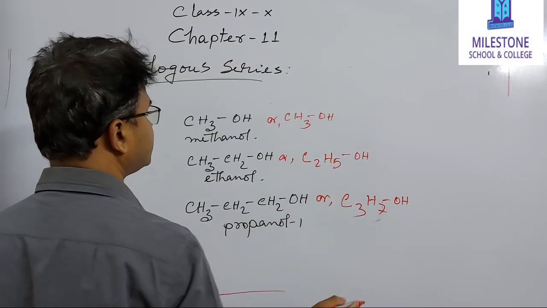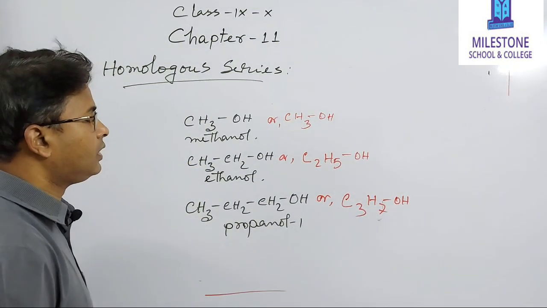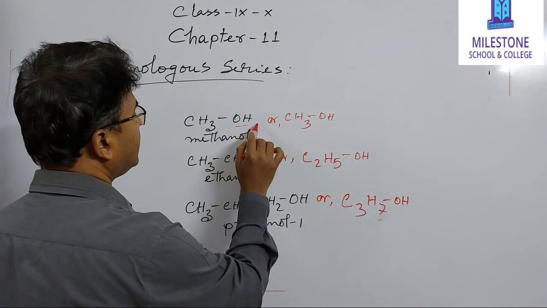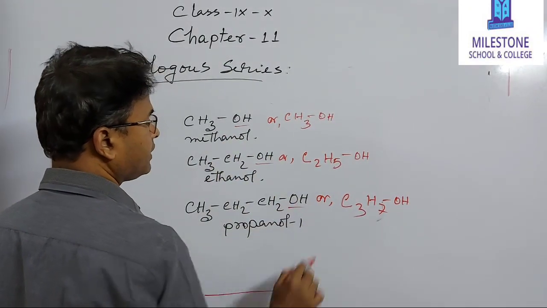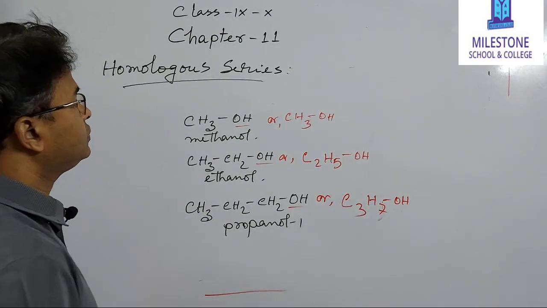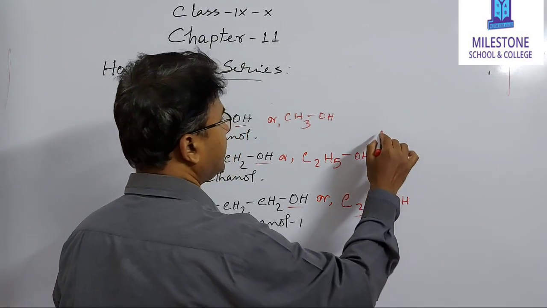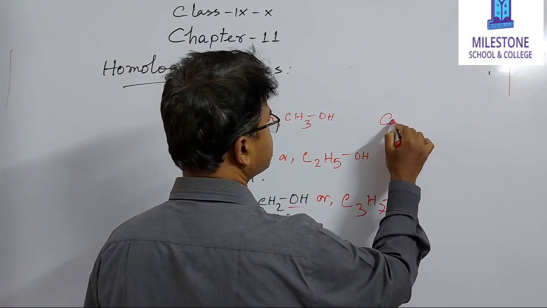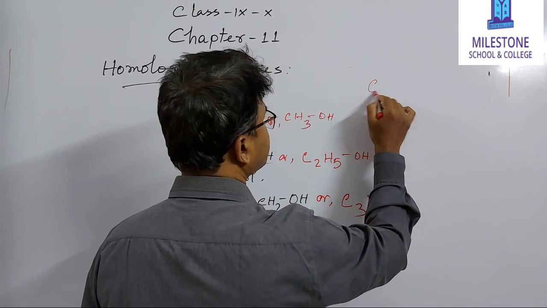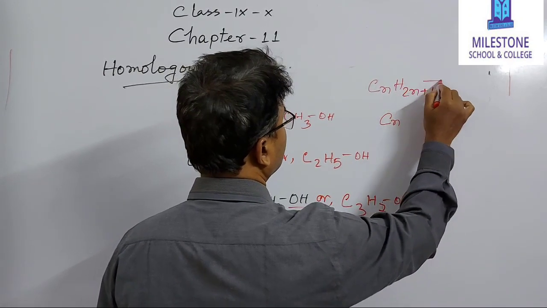However, dear students, methanol, ethanol and propanol, all those compounds contain a common functional group, OH, and those compounds can be represented by the general formula CnH2n plus 1 OH.